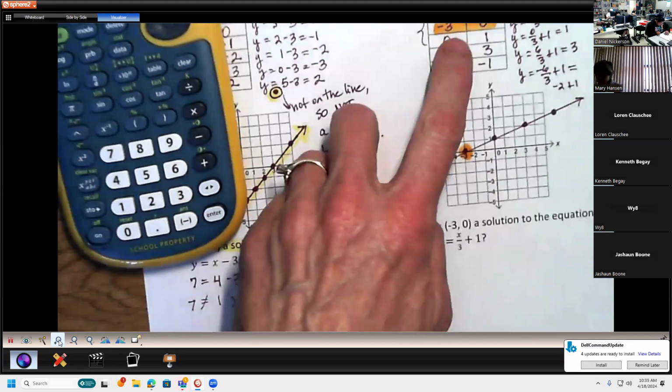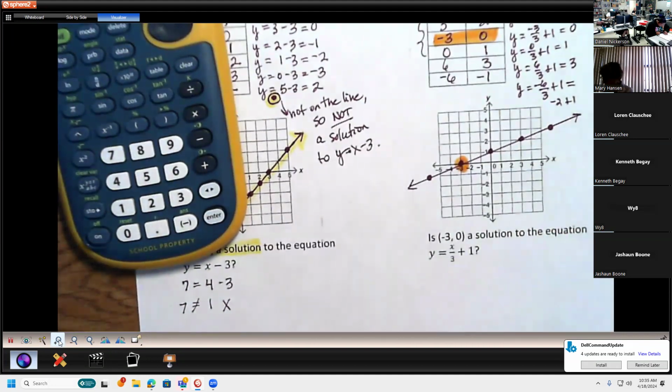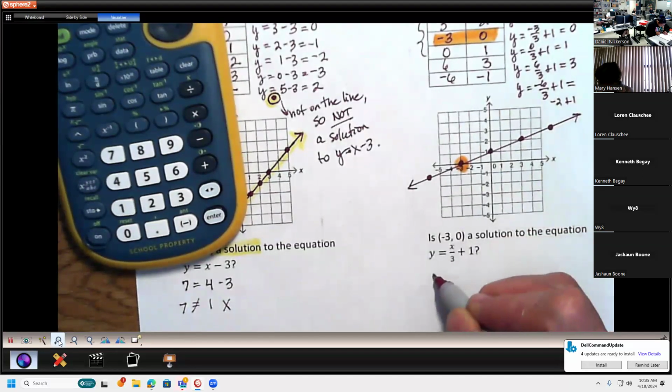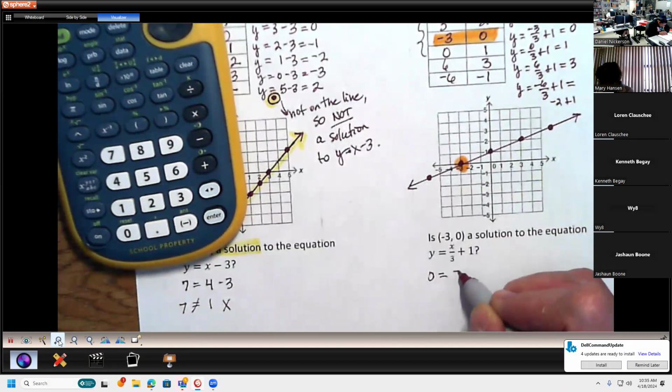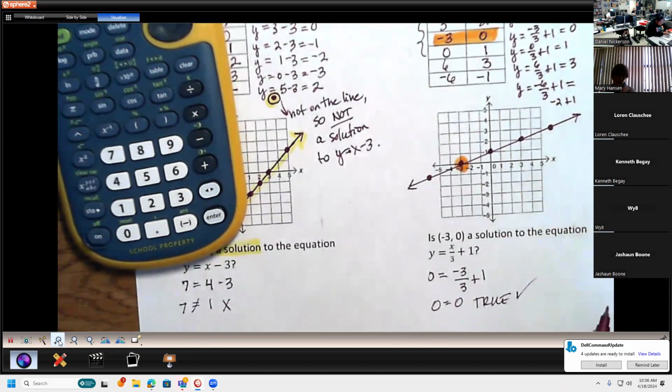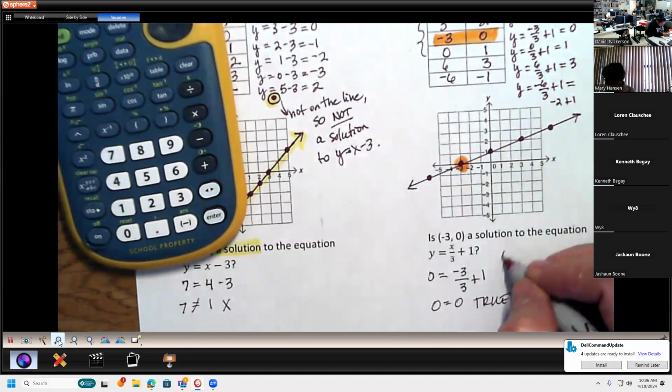Or if you didn't pick negative 3, 0 in your graph, you could substitute in. Remember, negative 3 goes in for x, 0 goes in for y. And you would get, remember, negative 1 plus 1 is 0. You would get a true statement, and so that means it is a solution.